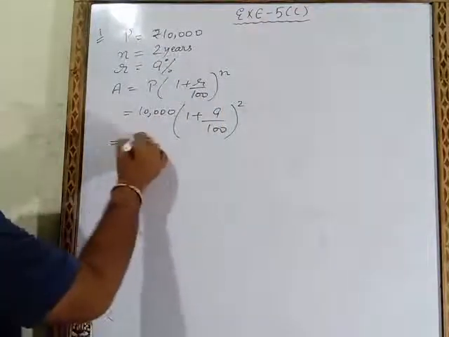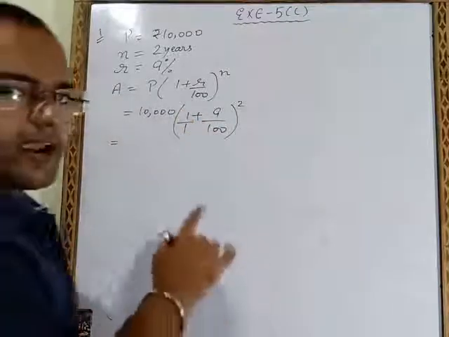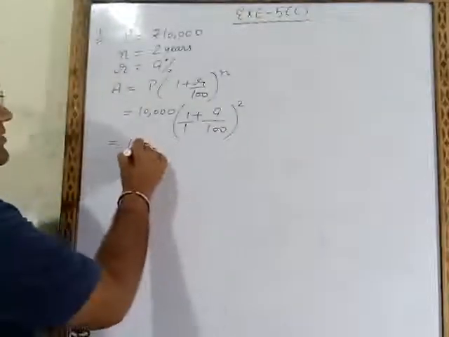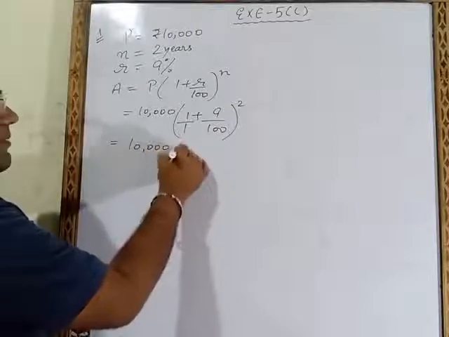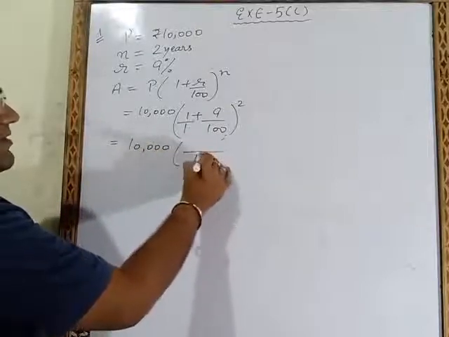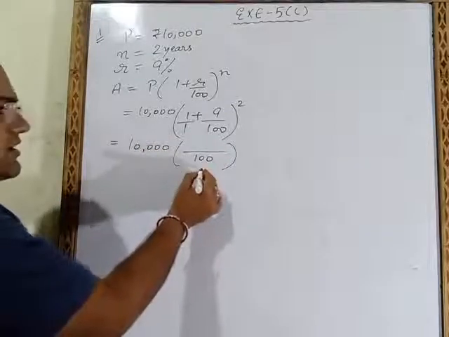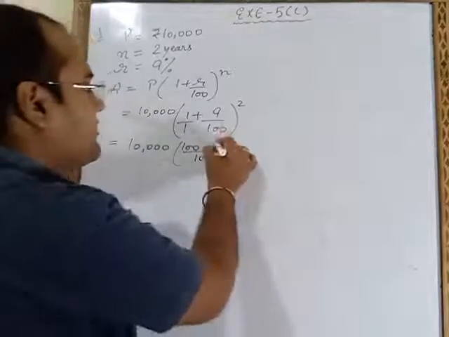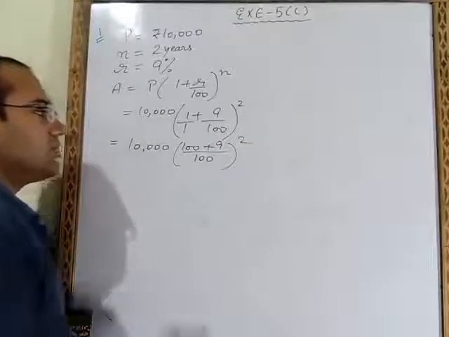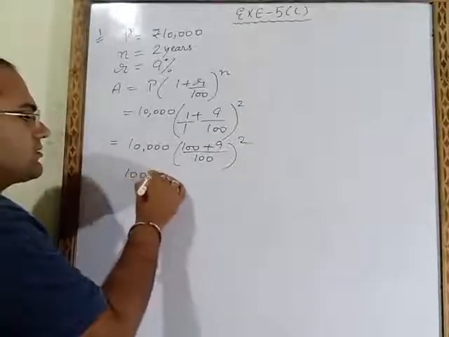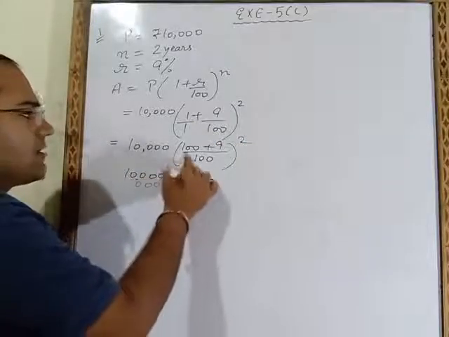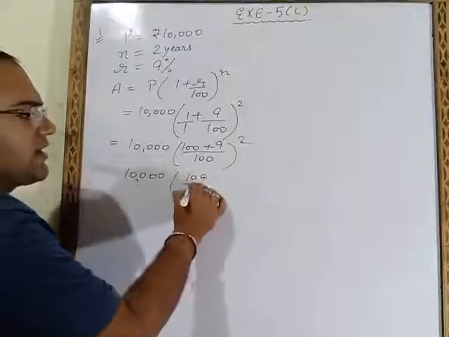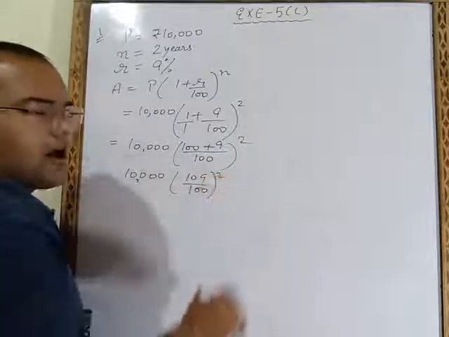Now we will solve this bracket first. So this will become 10,000 bracket, LCM we will take 100. 100 into 1 will be 100, 100 plus 1 into 9 will be 9, power 2. Now we will add these two numbers. 100 plus 9 will be 109 whole power 2.